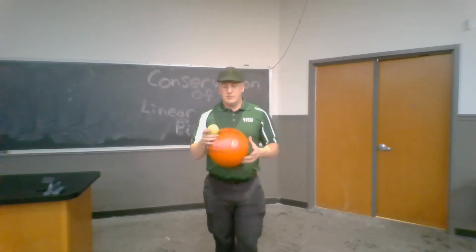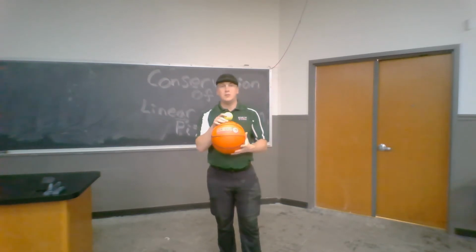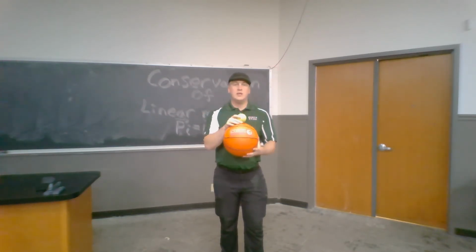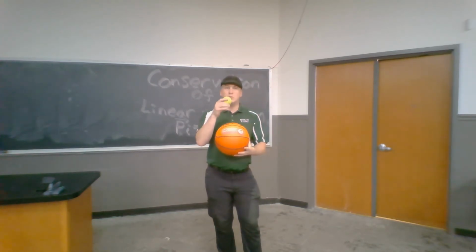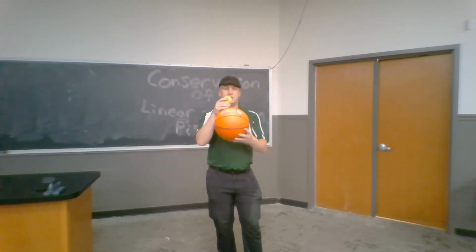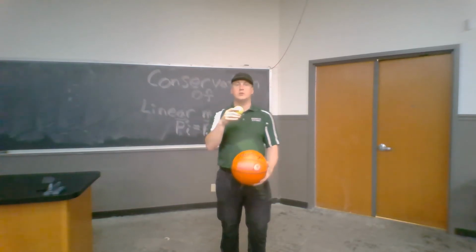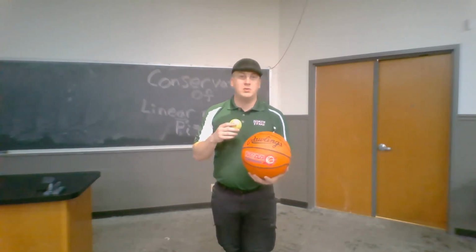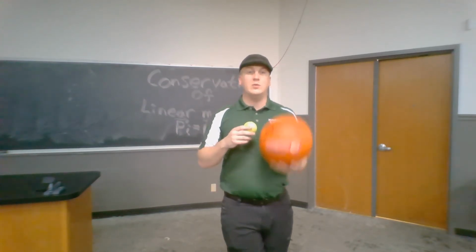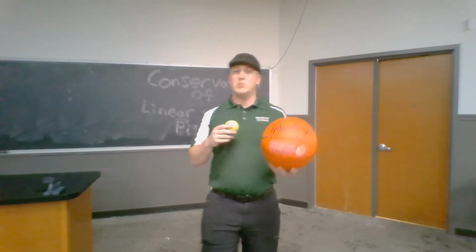So if I put this tennis ball on top of the basketball and release it, this basketball would accelerate towards the ground and hit it. Then this basketball would bounce back up with hopefully the same velocity that it was hitting the ground with, called an impulse.